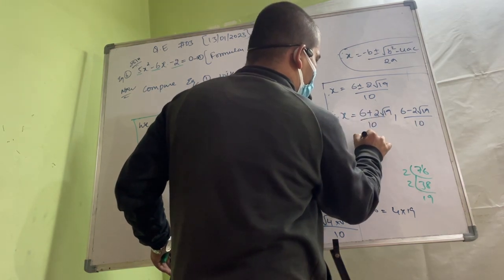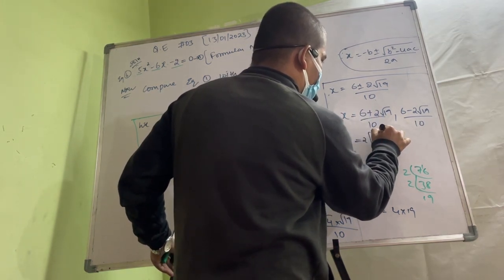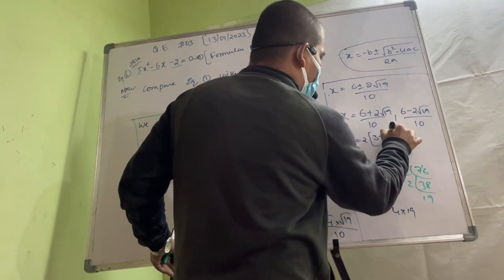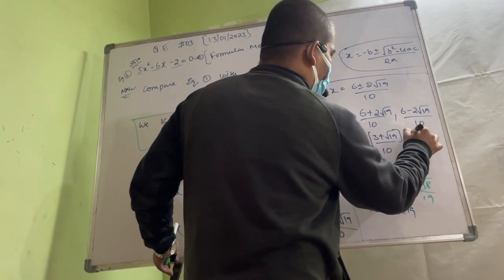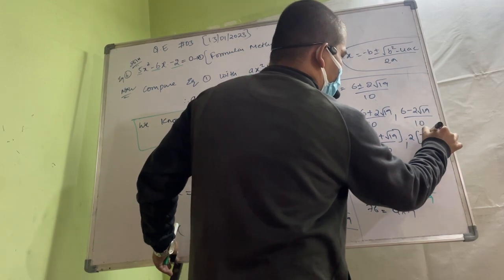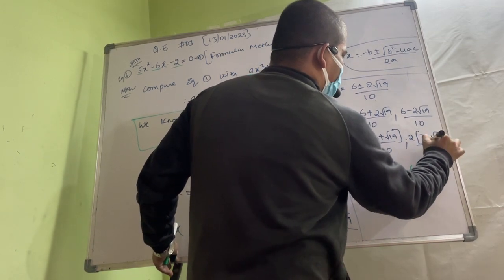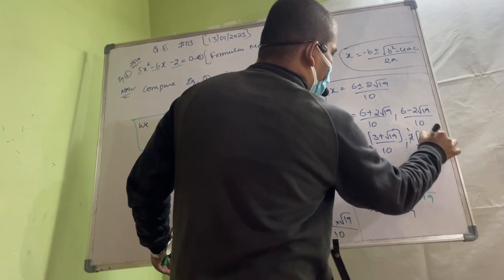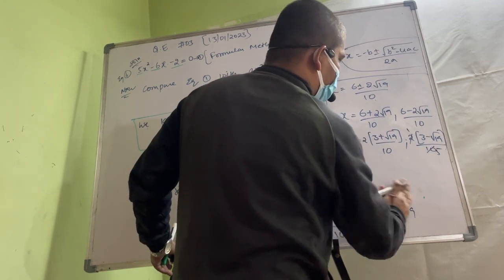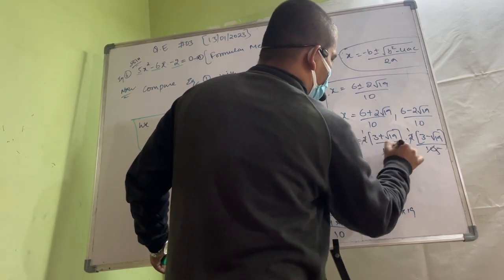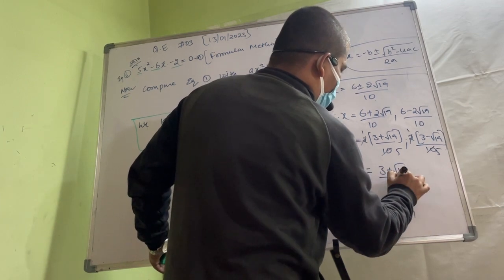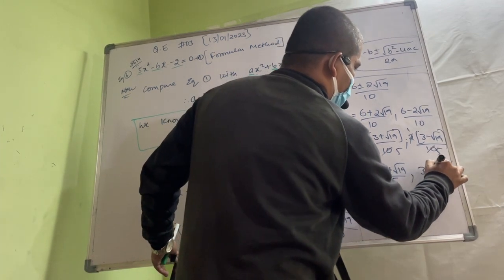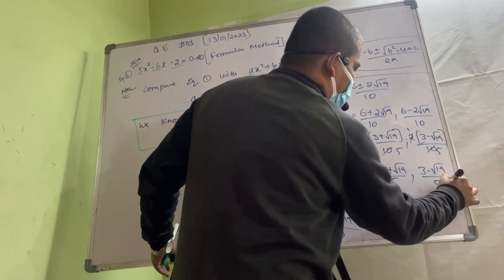From this 6, 2 came out. So 3 left out. 2 came out, so only under root 19 left out. Whole divided by 10. Here also, 3 minus under root 19 by 10. 2 ones are 2, 2 fives are 10. So overall 3 plus under root 19 by 5. 3 minus under root 19 by 5.